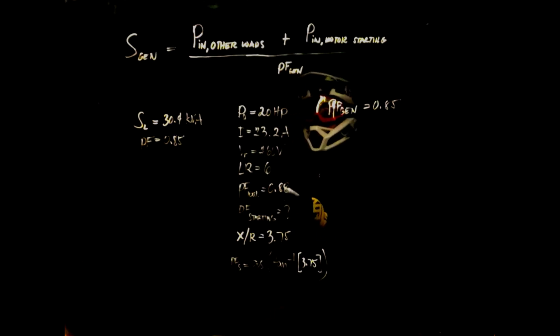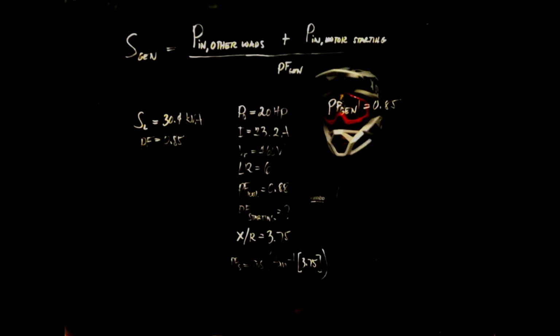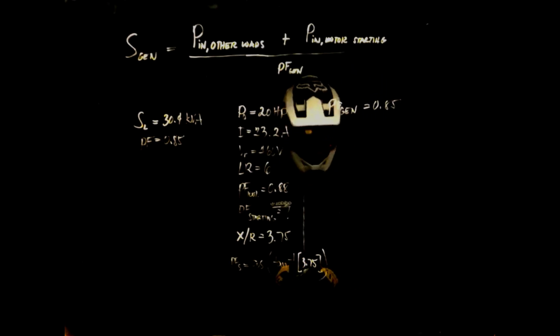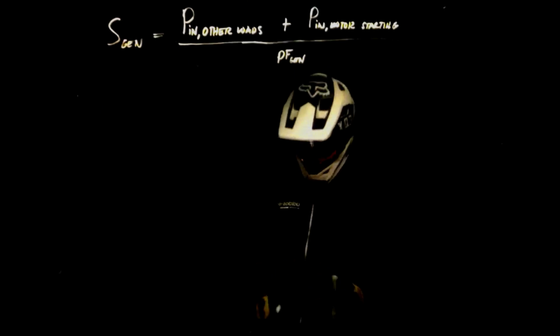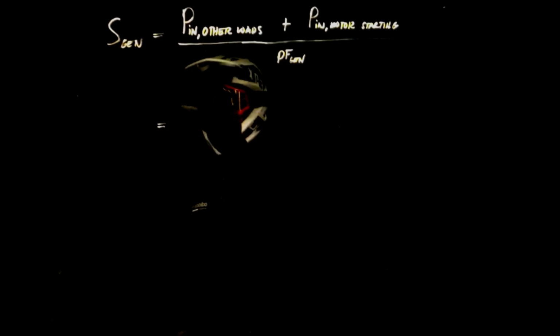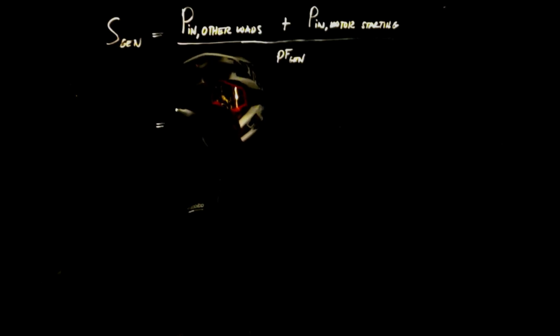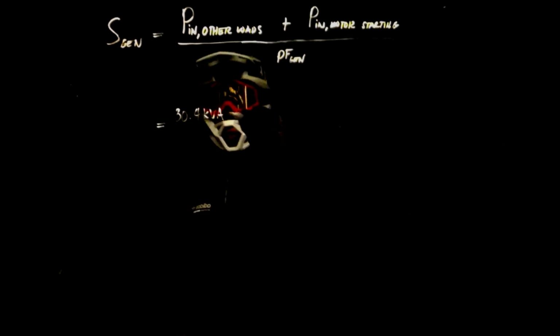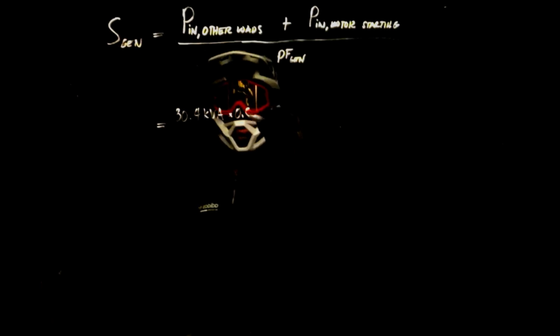So let's manipulate this thing. Okay. So P in for others is equal to 30.4 kVA times 0.85.